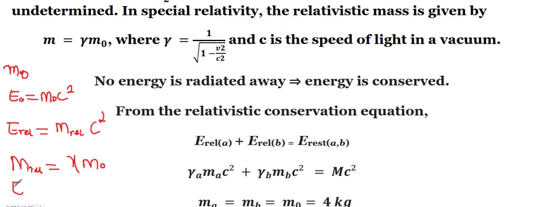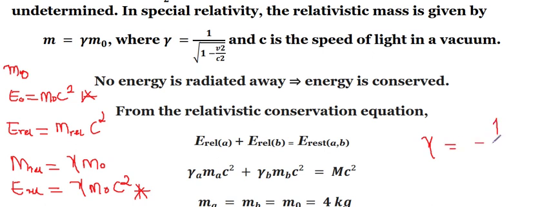Hence, the relativistic energy is equal to the gamma factor multiplied by m0 multiplied by c squared. So this is the formula for the relativistic energy, and this is the formula for the rest energy. It's also important for you to note that the gamma factor is calculated as 1 on the square root of 1 minus v squared on c squared.